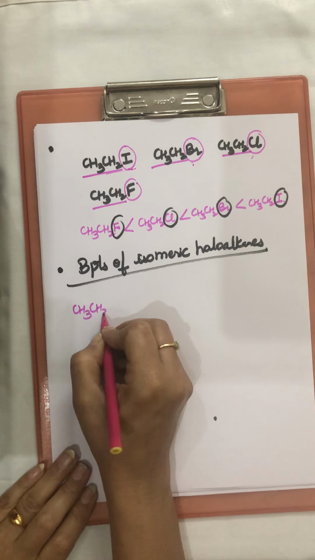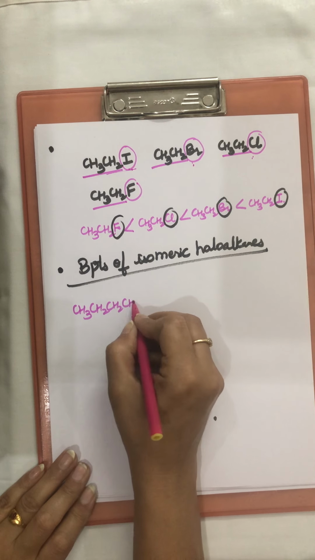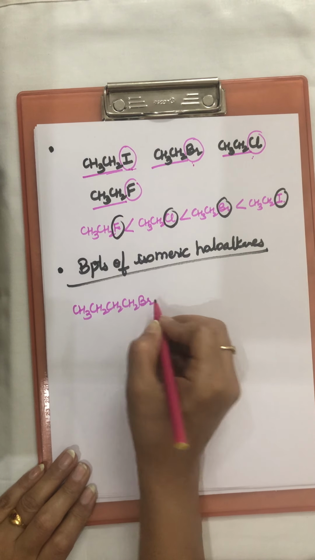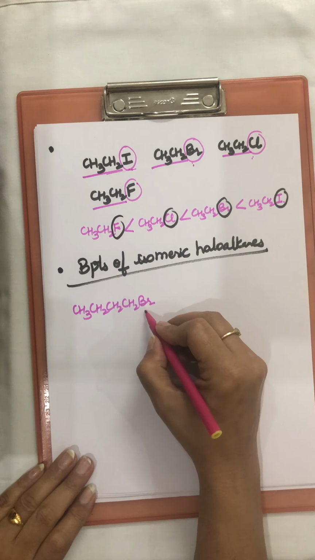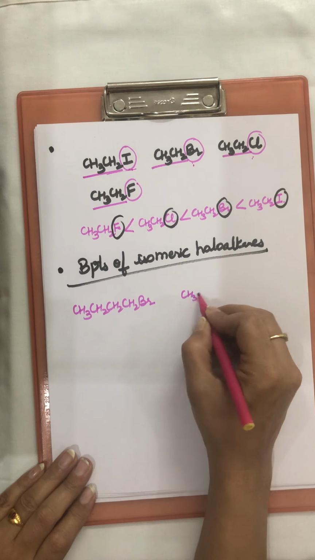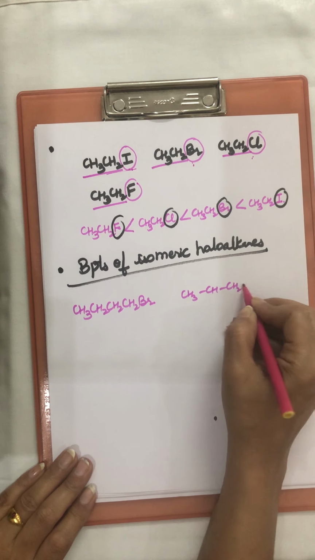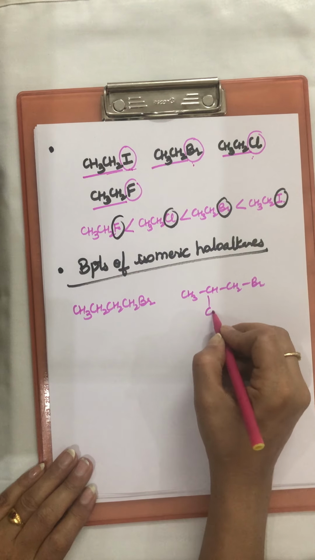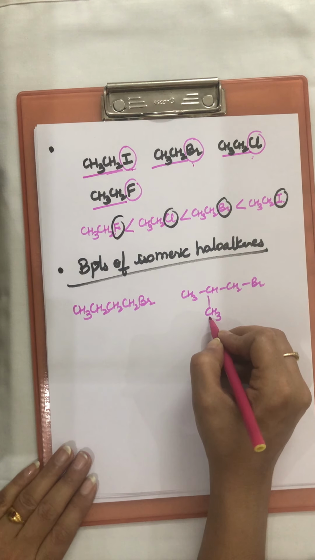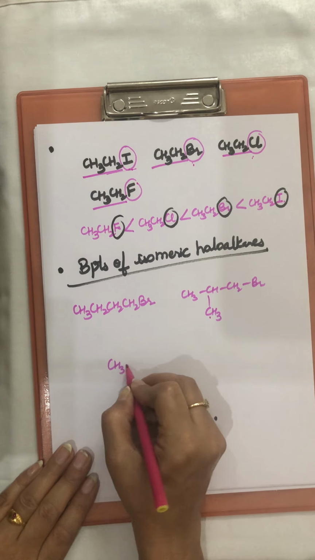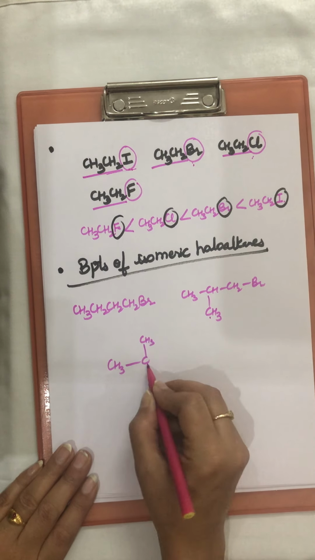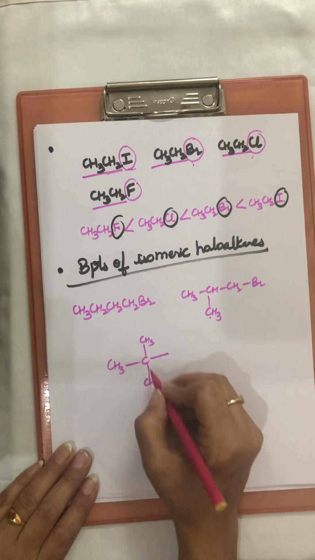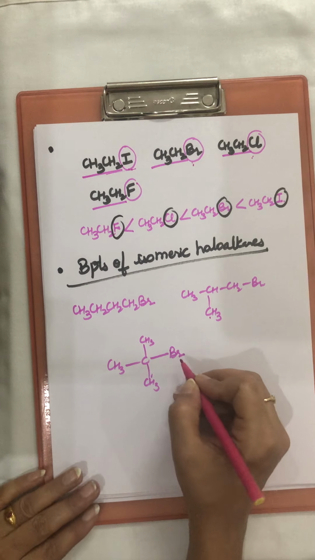Like we are taking bromobutane. This is one bromobutane. In this also there are 4 carbon atoms, but 1 carbon will come in branching. In this compound also there are 4 carbon atoms, but now 2 are coming in the side.